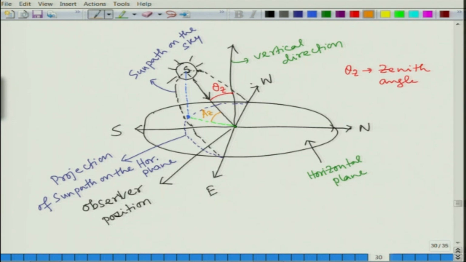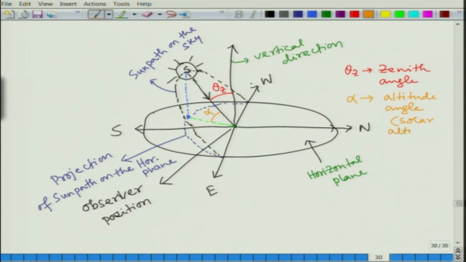This angle is called alpha, and this alpha is called the altitude angle, or the alternative term, the solar altitude angle.